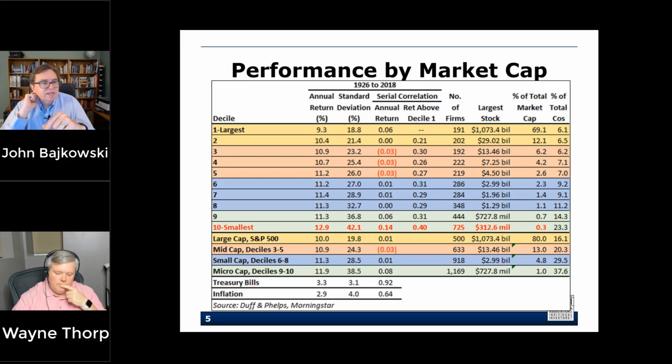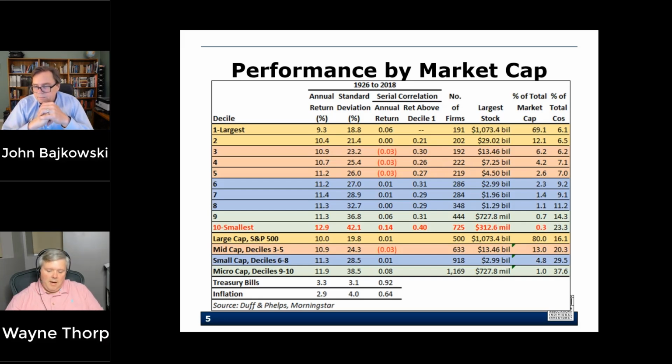Let's use the 10th decile. We looked at the stocks traded on the NYSE, and the largest stock we would accept in that decile had a market cap of 312 million. We then look at all publicly listed stocks, whether NYSE, American, or NASDAQ, and apply that size range against those companies.